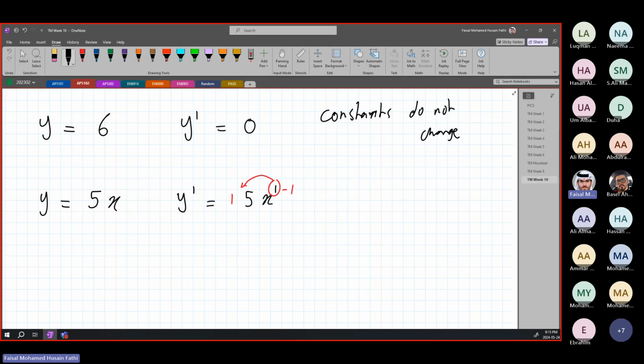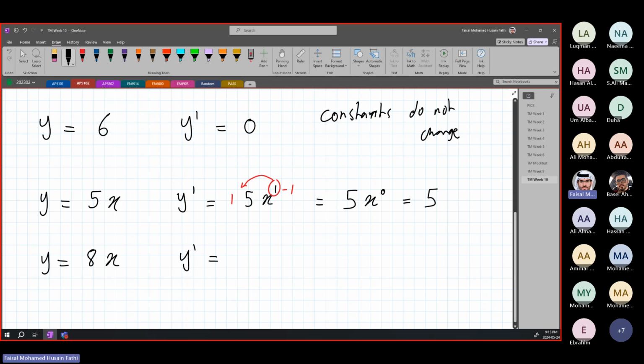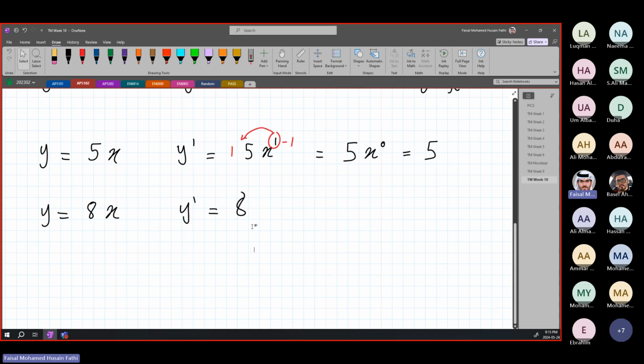So you will be left with 5, because 1 times 5 is 5, x to the power 0, or simply 5. So you can simply say whenever you see any number 8 times x, the differentiation of it is simply just 8. Okay? This is how you do differentiation for very simple values, simple formulas.